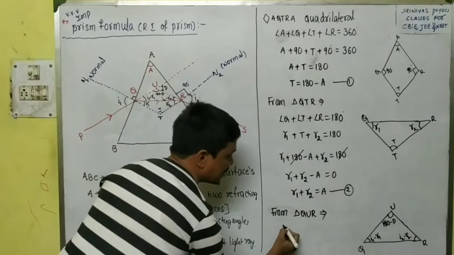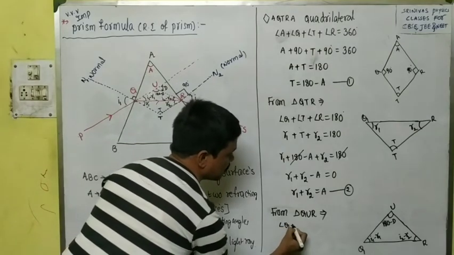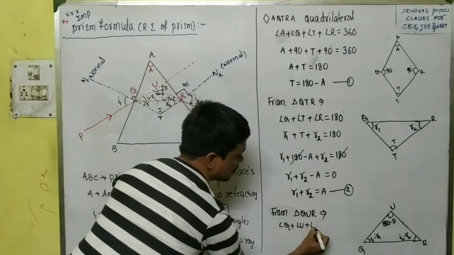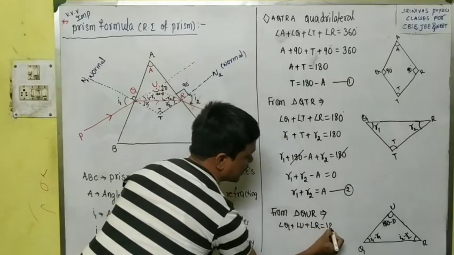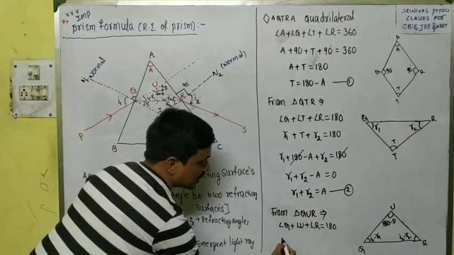Then what do we write here? Angle at Q plus angle at U plus angle at R is equal to 180. Now substitute them.